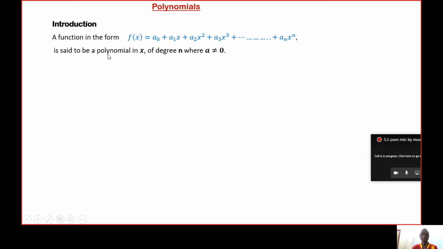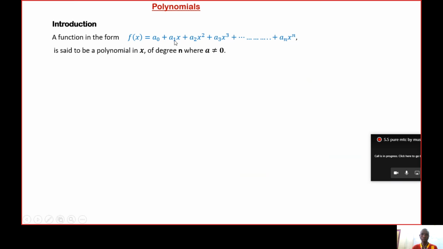It is said to be a polynomial in x of degree n. Like there you can see this function. This function here is a function of x. That's why we are saying it is a polynomial in x. So it is a function of x and it is of degree n.